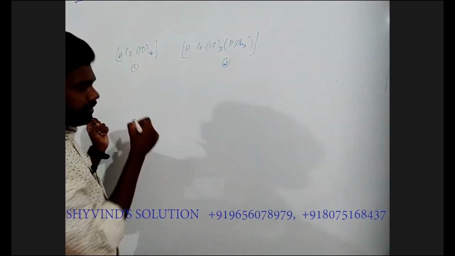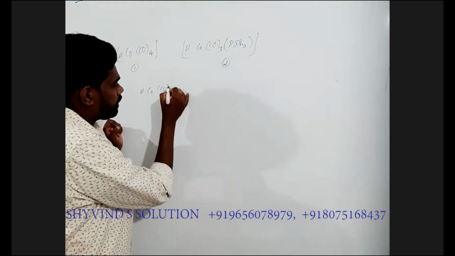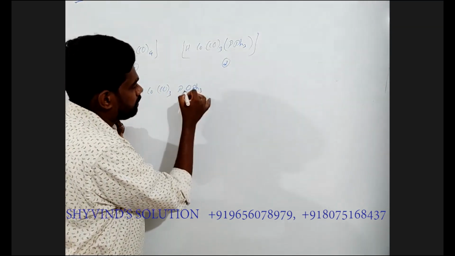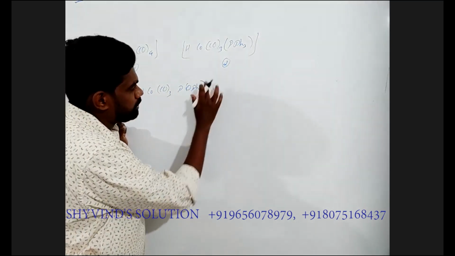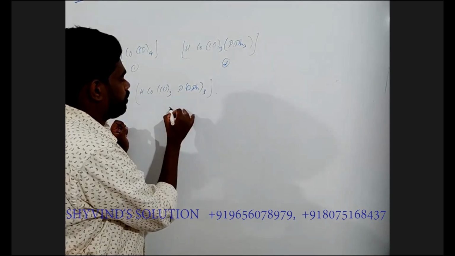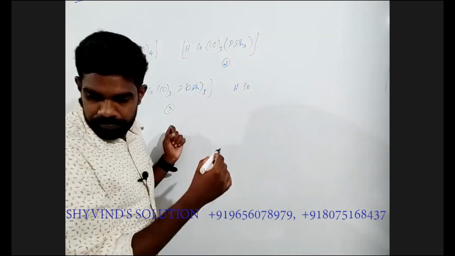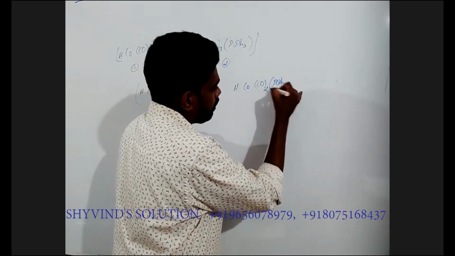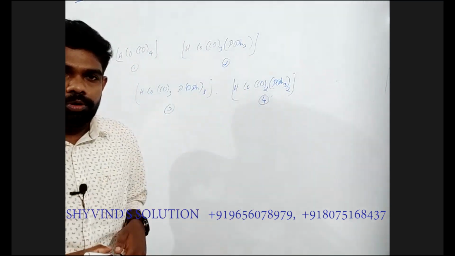Third, HCo(CO)3P(OPh)3. And fourth, HCo(CO)2(PPh3)2. Okay, these are the four molecules given.